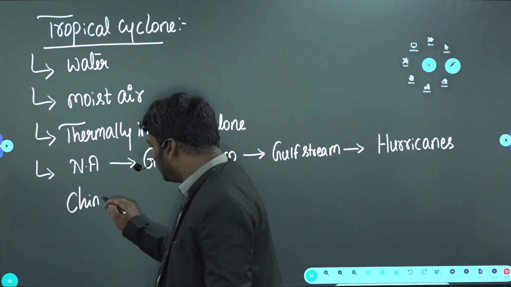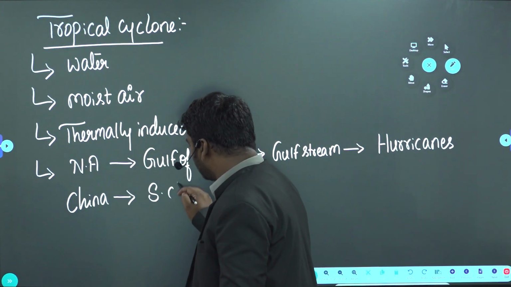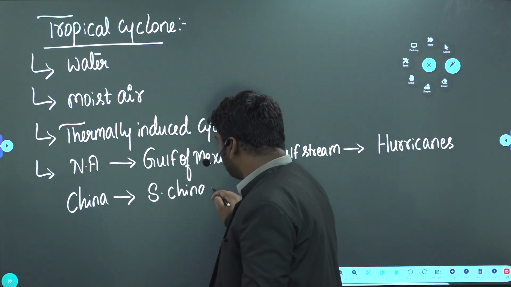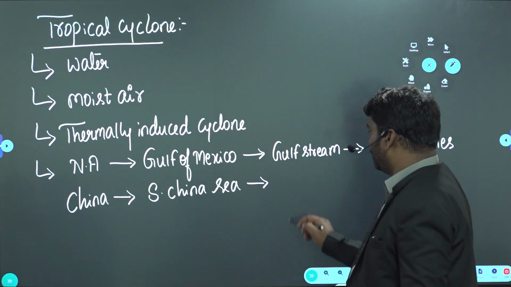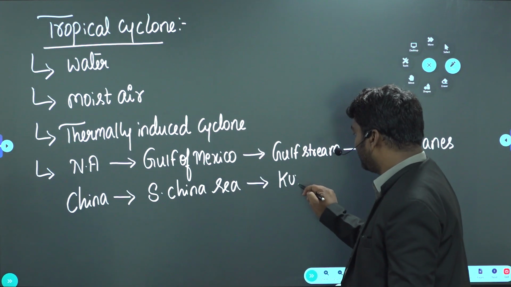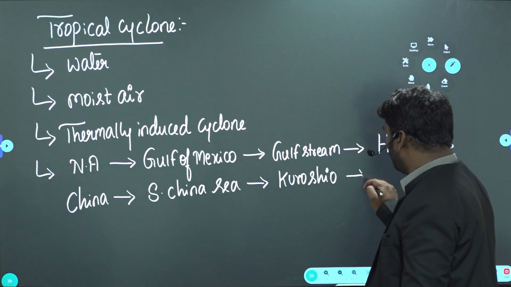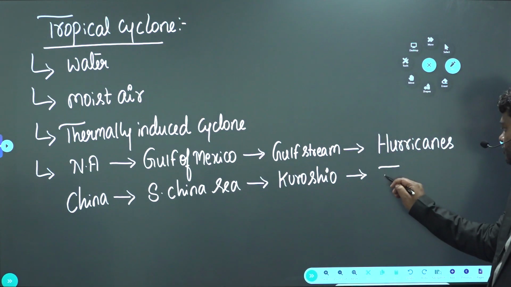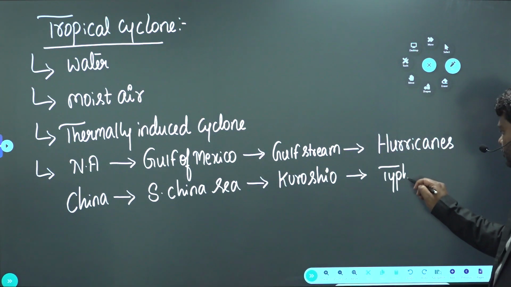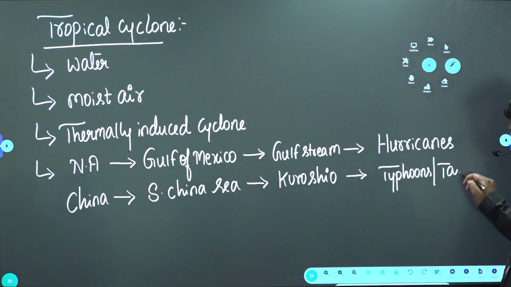Asia region, China region, South China Sea region, Kuroshio warm current, it is called typhoons or typhoon.